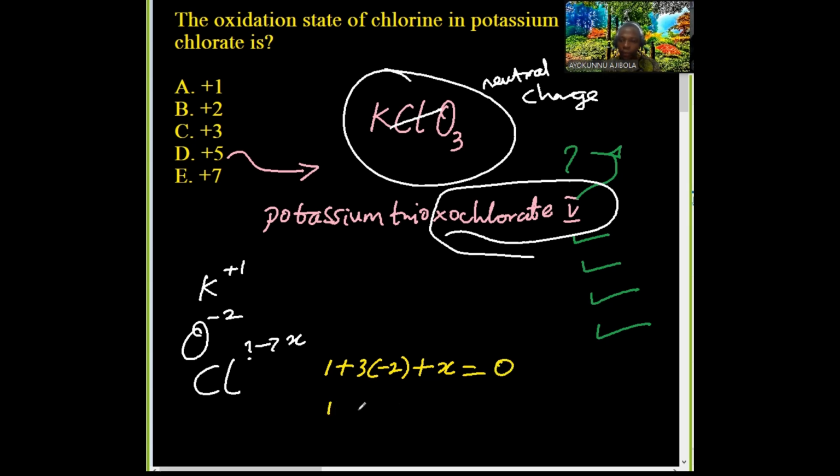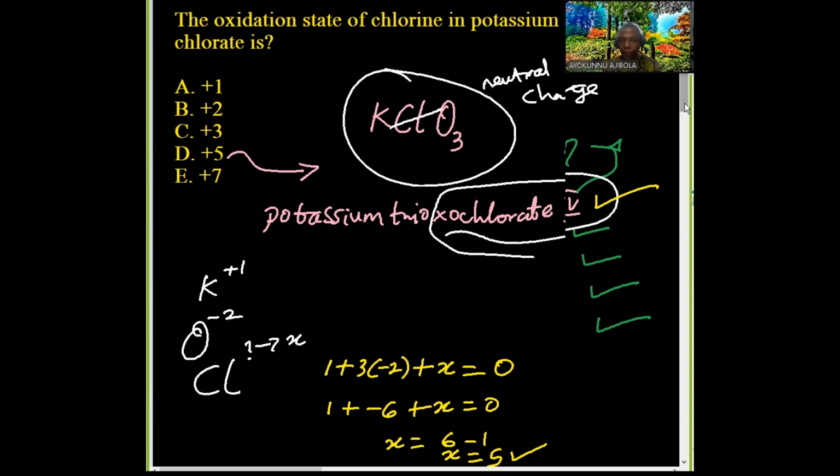That means 1 plus negative 6 plus x is 0. Then x equals 6 minus 1, x equals 5. That is why it is trioxochlorate 5. Is that clear?